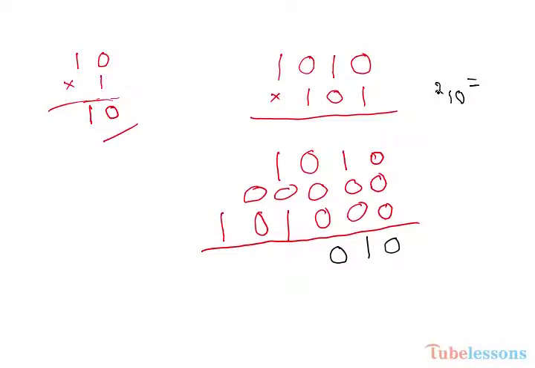Decimal 2 equals binary 10. So here should be 0 and 1 will be carried forward. So 1 plus 0 plus 0 equals 1 and here should be 1. So this is the final answer.